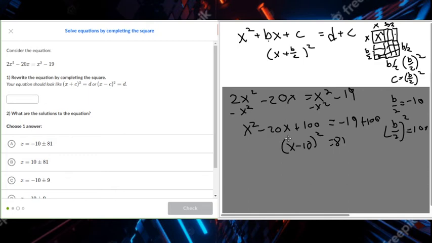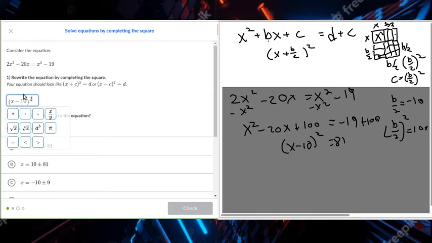Excuse me. All right, so that's the form that they want up here. X minus 10 quantity squared is equal to 81. So that's the first part of that question.